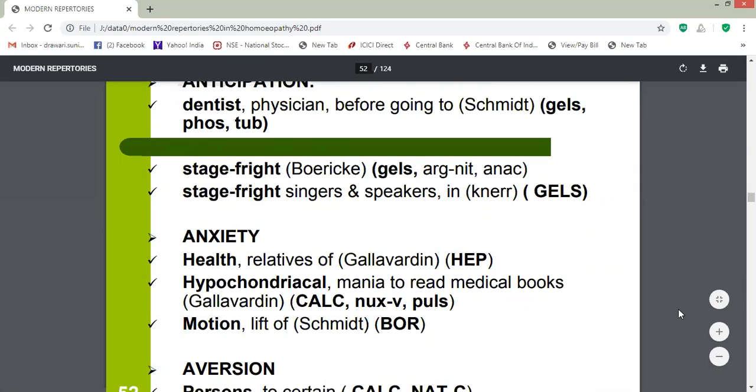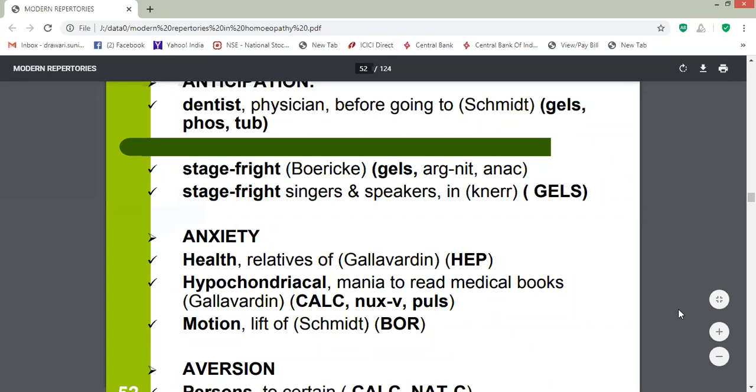Stage fright was taken from Boericke's work, gelsemium, argentum nitricum, and anacardium are indicated. Stage fright for singers and speakers was taken from Nayer's work, and gelsemium was the indicated medicine.